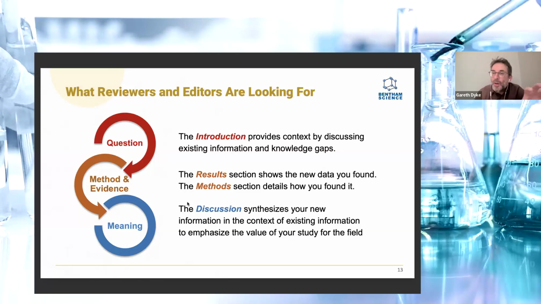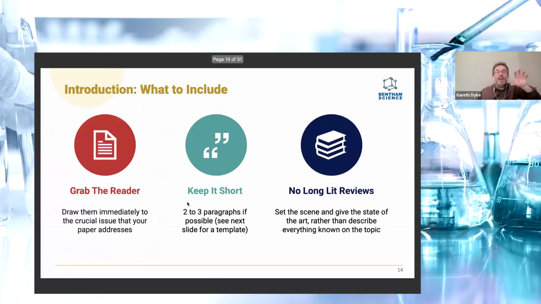And you can see here on this slide what the function of the other sections of a research paper will be, what goes into the results, what goes into the methods, and what goes into the discussion. As I mentioned already, do have a look at the Bentham Science YouTube channel if you'd like access to previous events in which we talk more about these other sections of academic writing.